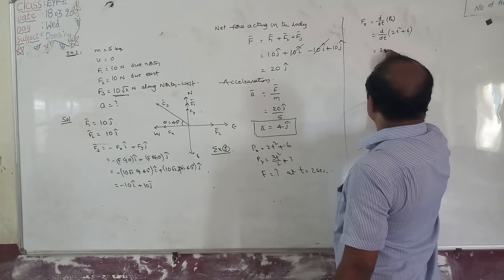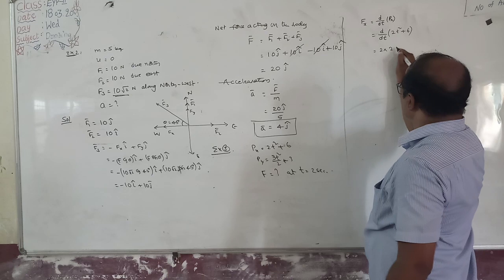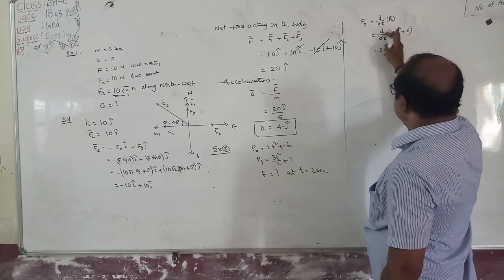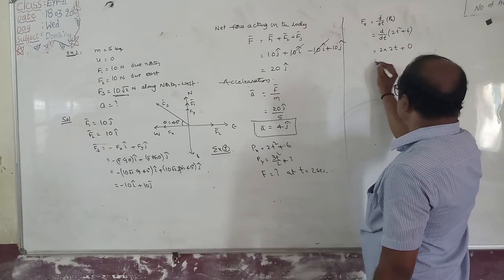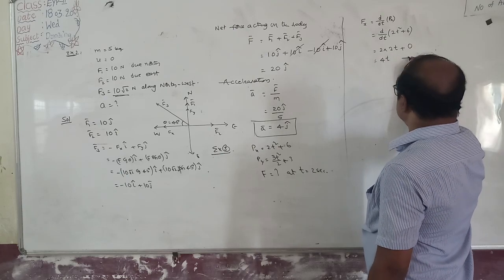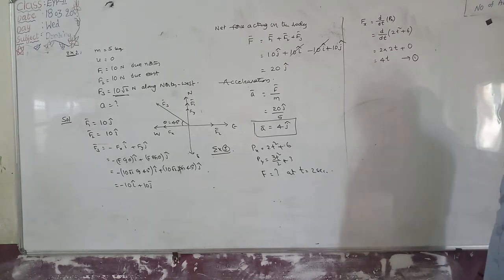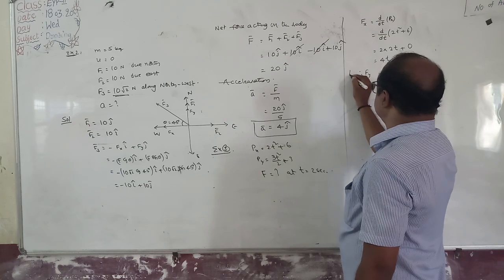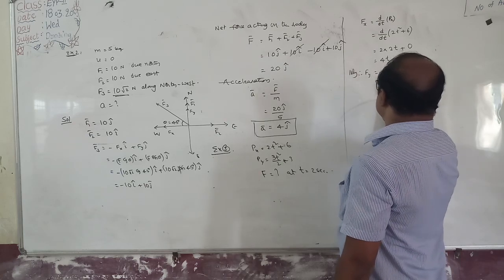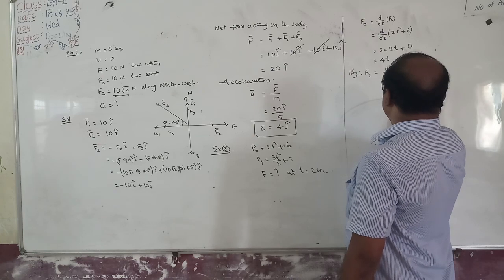That is equal to 2 into, what is the value of d by dt of t square? 2t, plus d by dt of 6, constant. Derivative of a constant is equal to 0. That is equal to 4t. It is equation 1. So Fx is equal to 4t, right? Similarly, what is the value of Fy? Fy is equal to d by dt of py.